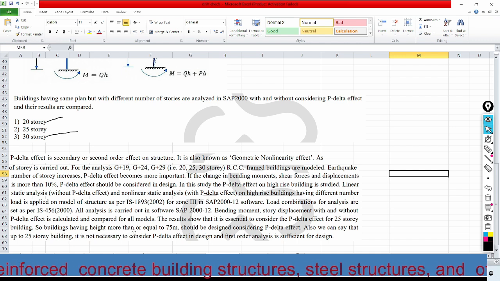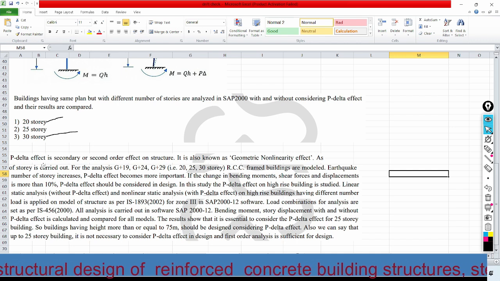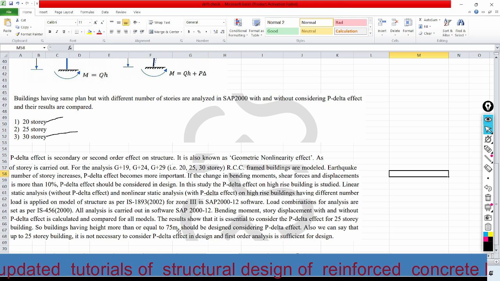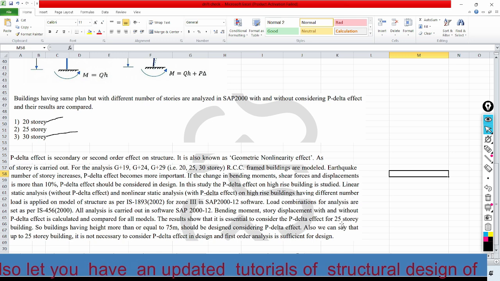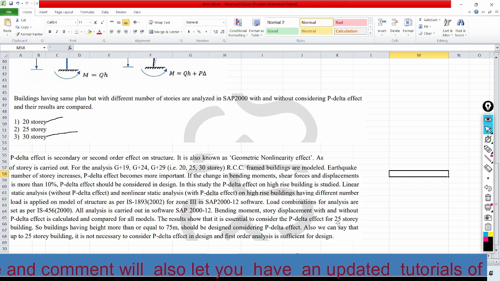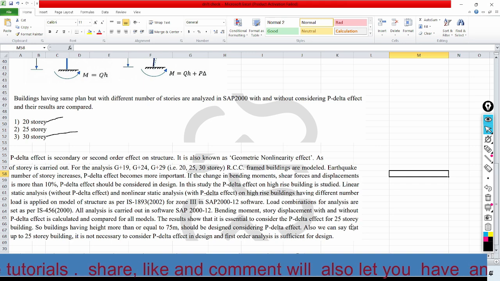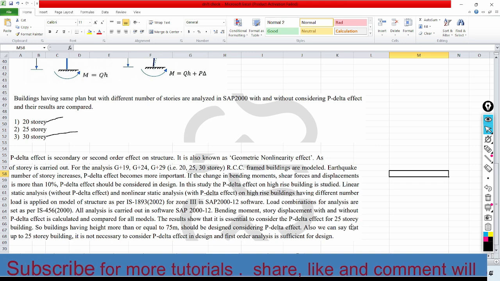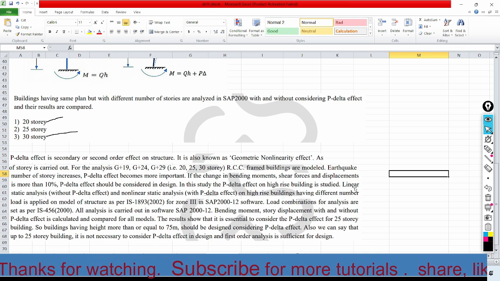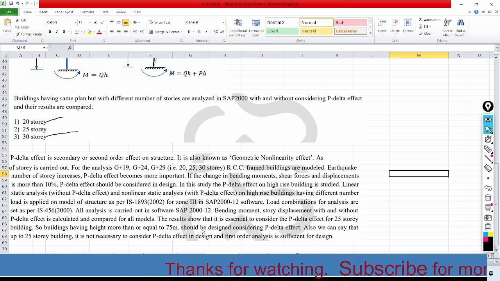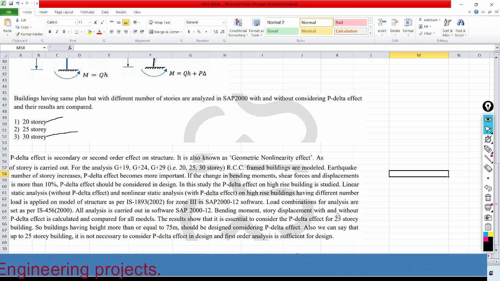So for buildings having height more than or equal to 75 meters, that means 24, 25 stories, considering that each story has a 3 meter height, the total height will be 75 meters. So it should be designed considering the P delta effect. So we need to consider the P delta effect for this 25-story building.